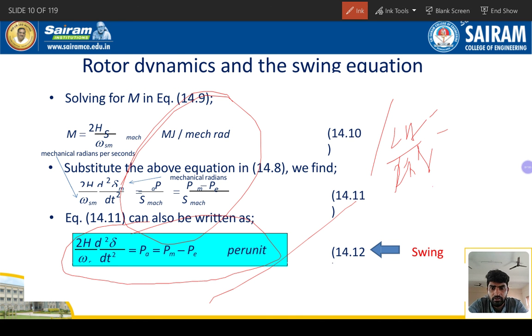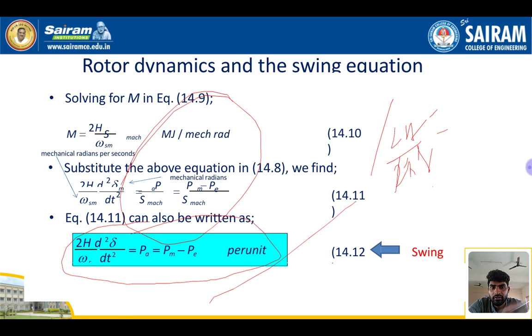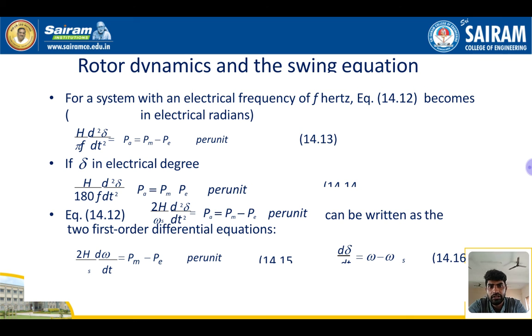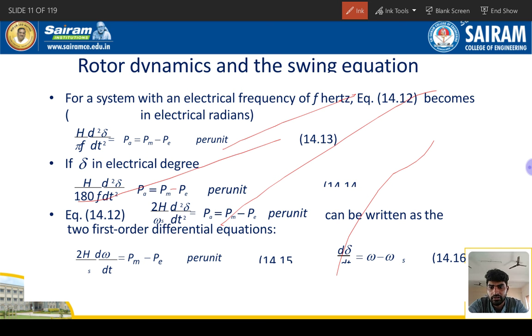This is the overall equation, and so finally H by pi f d square delta by dt square is equal to Pm minus P, where delta is equal to omega minus omega s. So these are the equations we are going to use while solving the problems.